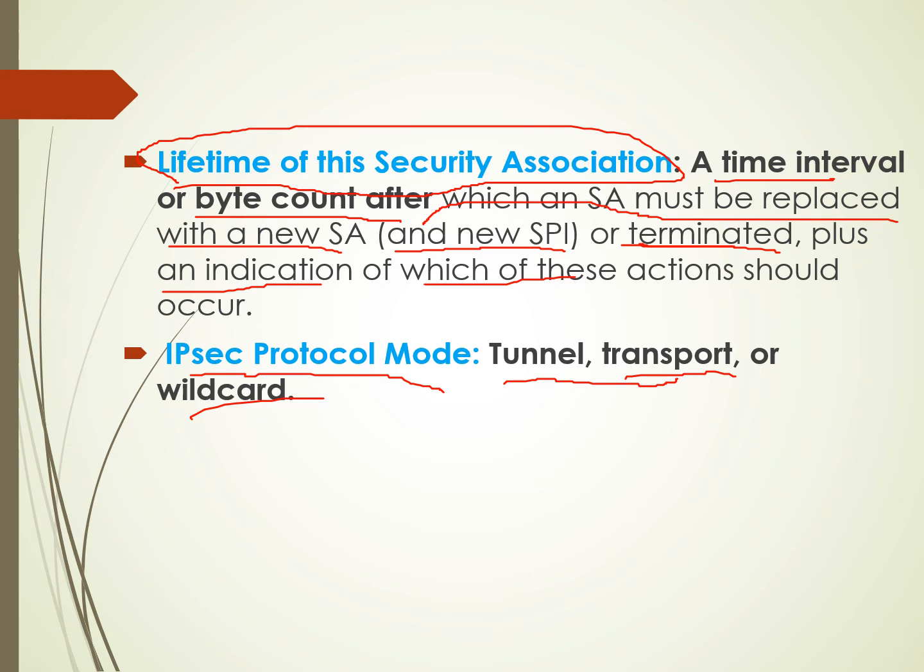What type of IP security protocol mode is implemented? Is it tunnel mode or is it transport mode? This can be understood from the IP security protocol mode parameter stored in the security association database.